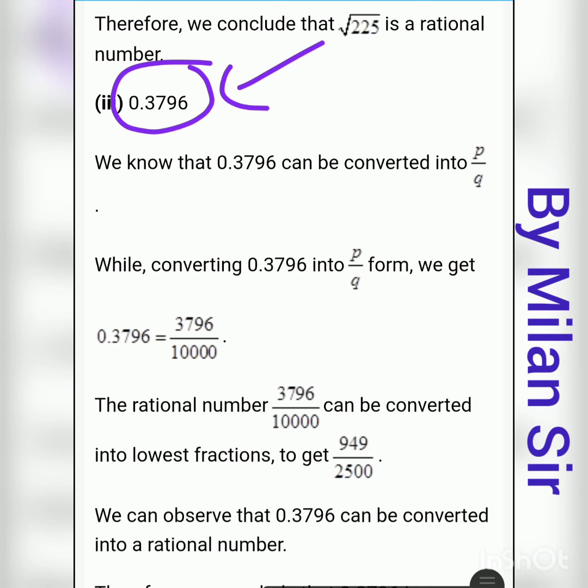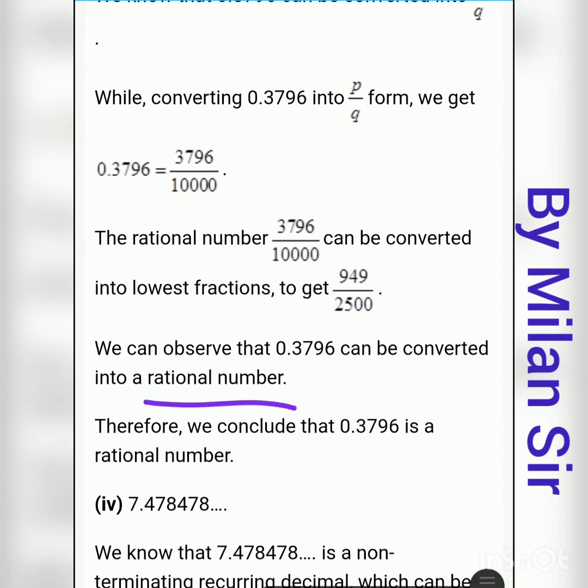And I already explained one thing in the theory part: if we have terminating decimal expansion, otherwise non-terminating repeating decimal expansion, both are the types of rational number. So here we have terminating decimal expansion, so this is a rational number.